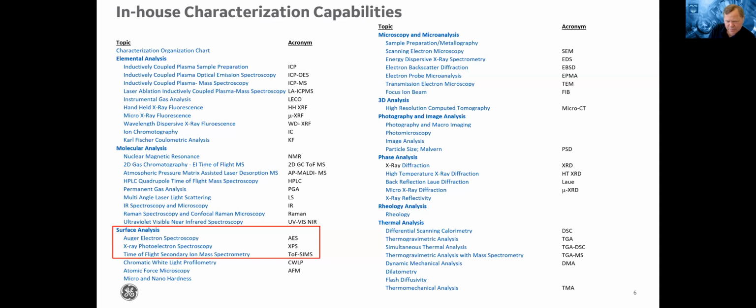So as an analyst, we always need to steer people in the right direction as far as where they should go and how to most rapidly and conclusively answer the question they have at hand. The focus of today's presentation, as was mentioned earlier, is within the red box, surface analysis.